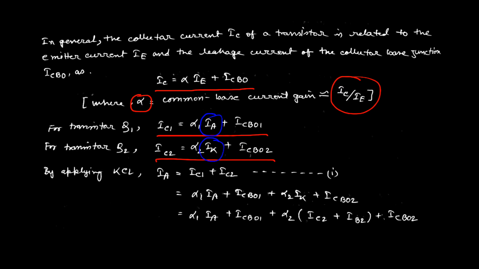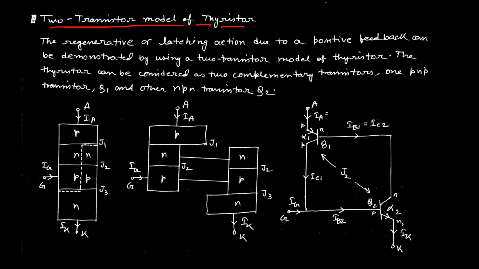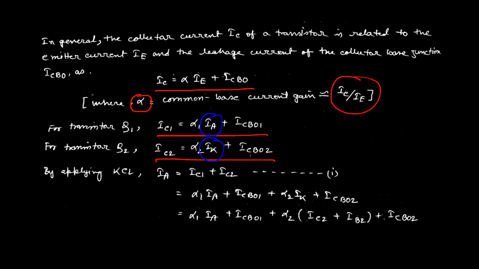As I discussed in the previous slide, IA is the emitter current for Q1 transistor, and IK is the emitter current for Q2 transistor.